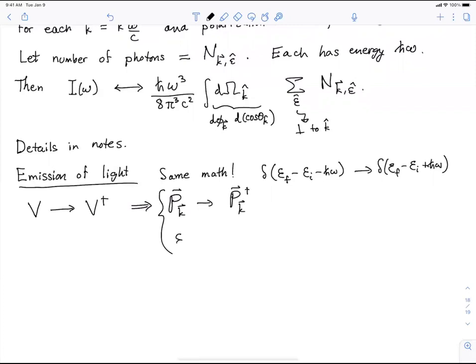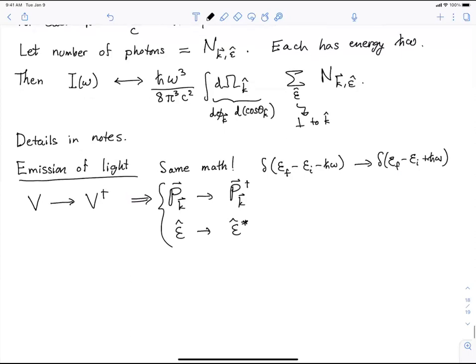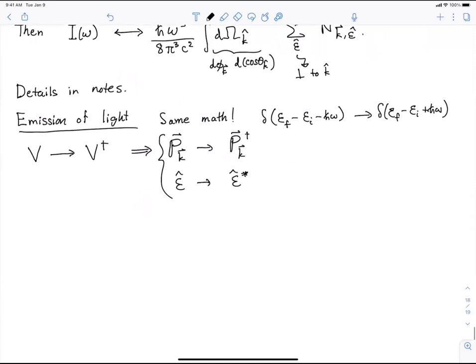The other thing that went into the matrix element is the polarization of the light, which will be replaced by its complex conjugate. Many times that makes no difference whatsoever. For example, I can always choose my polarizations to be just real unit vectors, and then taking the complex conjugate does nothing. But I could also choose circularly polarized light, and that occurs sometimes. Circularly polarized light has complex polarization vectors, so in that case I would have to remember to take that complex conjugate.